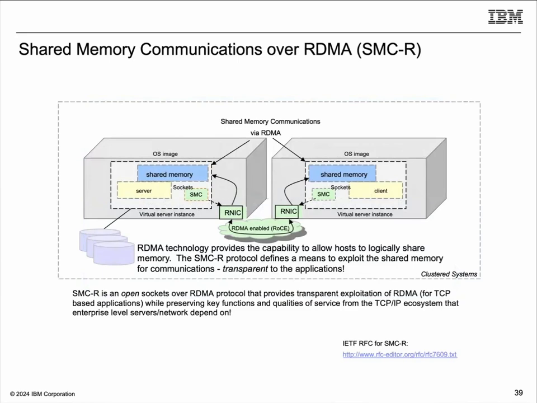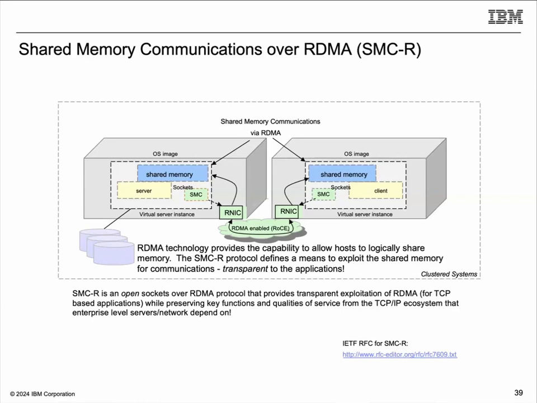So rather than having to copy memory from host OS memory into the network interface's memory before getting sent out, we can just point the network interface to a piece of storage directly in the operating system, and that network interface reads directly from it, and the remote network interface can take that data and store it directly into its host operating system memory.